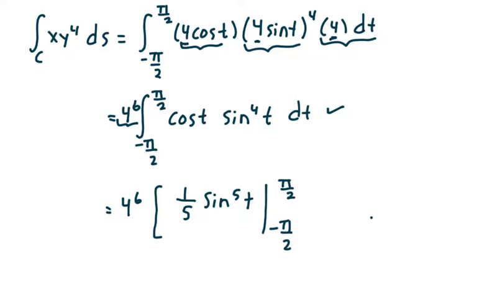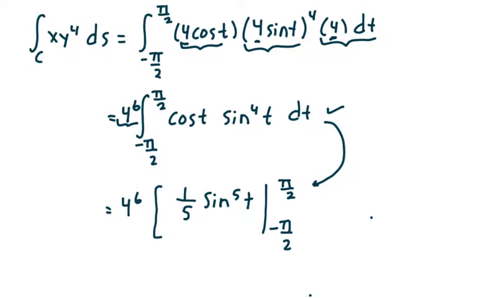But remember that the derivative of sine t is cosine t. So to get from here to here, think about just integrating u to the 4th du. To integrate that would be 1/5 u to the 5th, right? From one limit to another. Well, so we're working backwards.